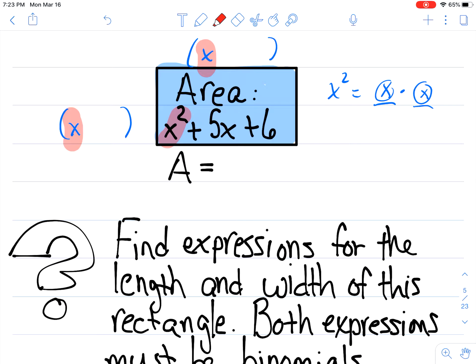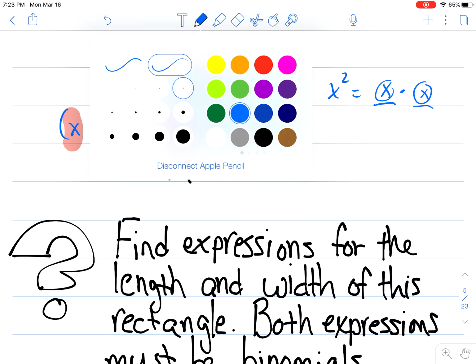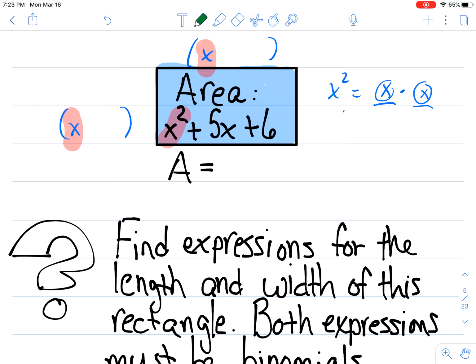Now, the tricky part is to get the other terms in the binomials to multiply to 6 and also add to 5. That's the game here. So what we're going to do is list factor pairs of 6 right here underneath the 6, and we're just going to list positive pairs.